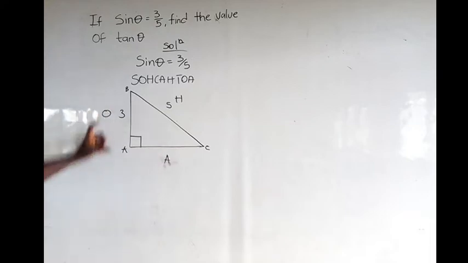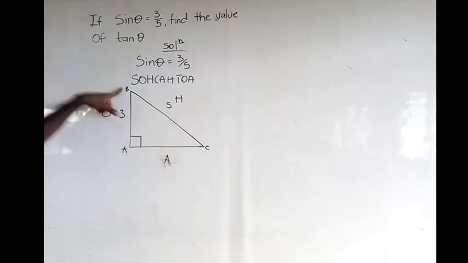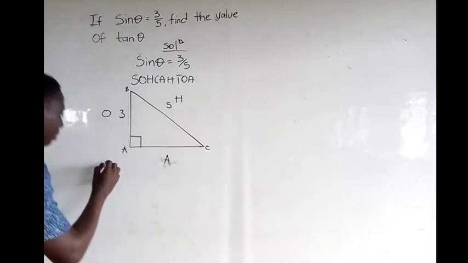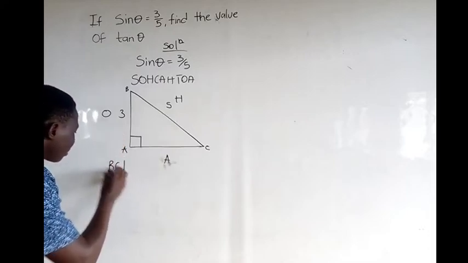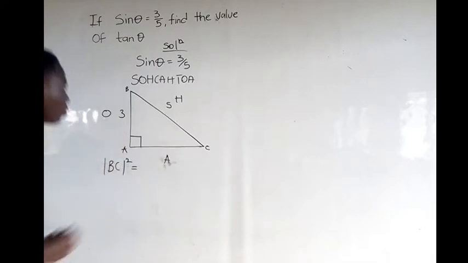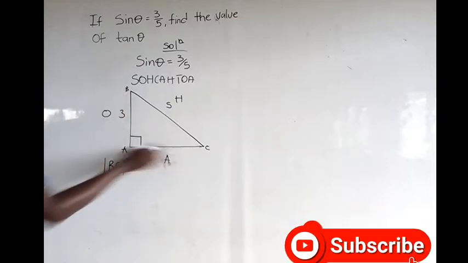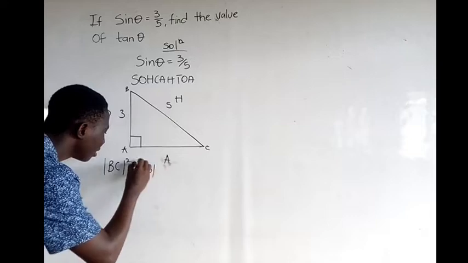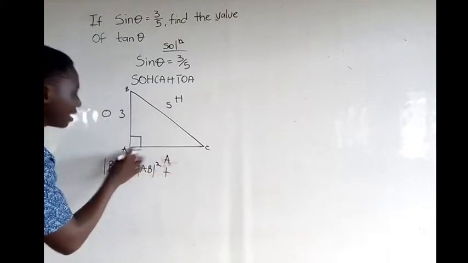And then by finding this side, we use the Pythagoras theorem, which states that the hypotenuse squared is equal to the sum of the opposite squared and then the adjacent squared. So we're going to get something like BC squared is equal to AB squared plus AC squared.